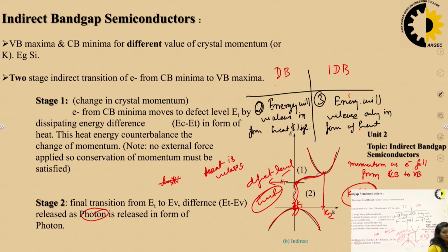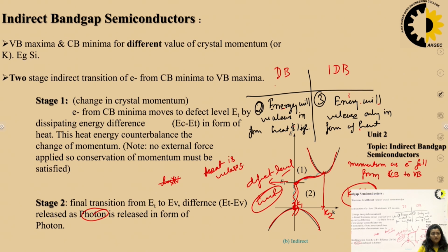Only heat is produced, because there are so many transitions in between that the energy released is not up to the energy of the photons.